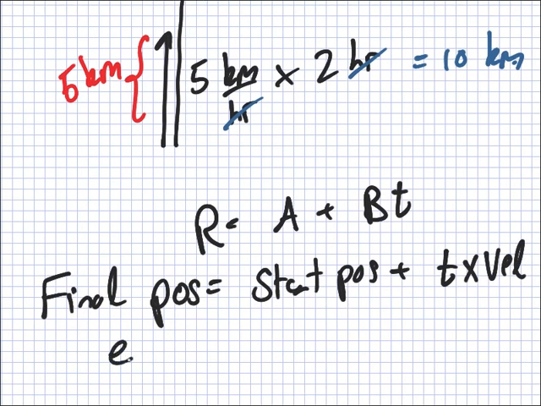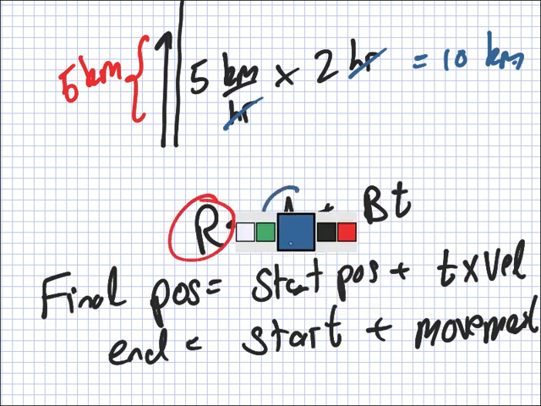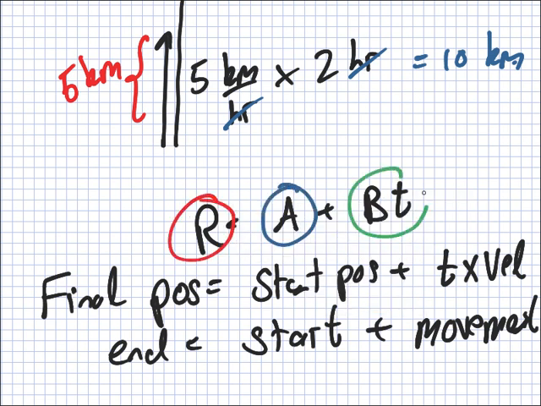So it's like end equals start plus movement. Do you know what I mean? This is where you finish, but this is where you started, and this is how you moved. So where you start plus how you move equals where you finish up at the end. It's kind of how I picture it.